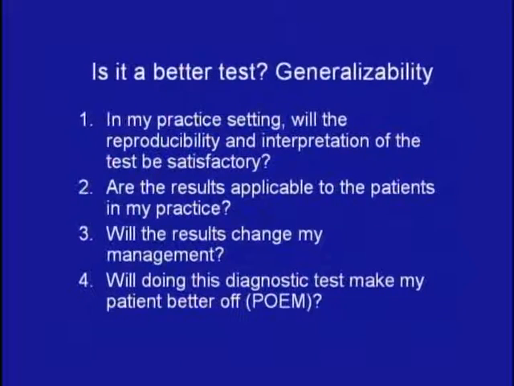So I'm going to briefly just touch on these. These are 4 additional points. If you're an evidence-based master, you might go beyond those 3. But if you just focus on those 3 criterion, those are really the critical ones. In my practice setting, will the test be reproducible and will the interpretation be satisfactory? An example I thought of here is I order MRIs sometimes for people with back pain.